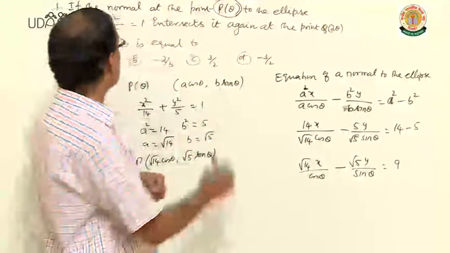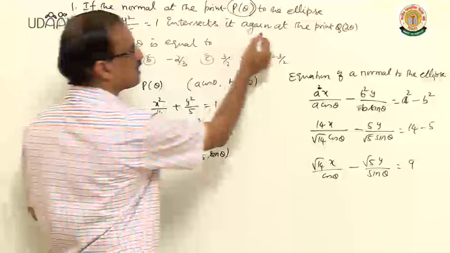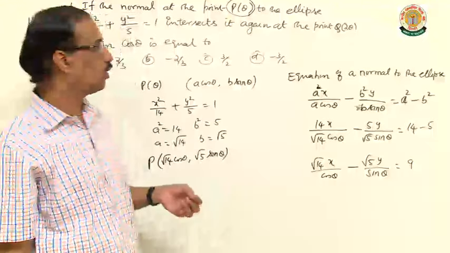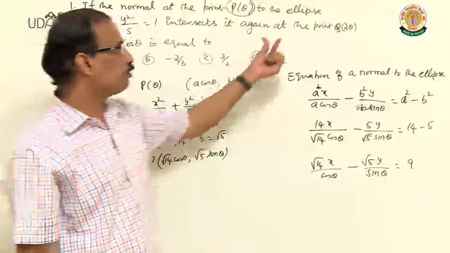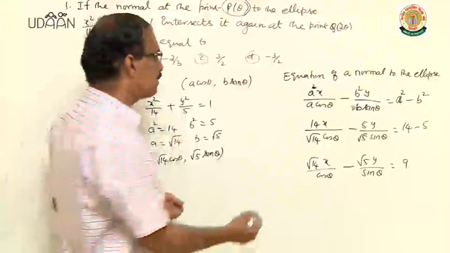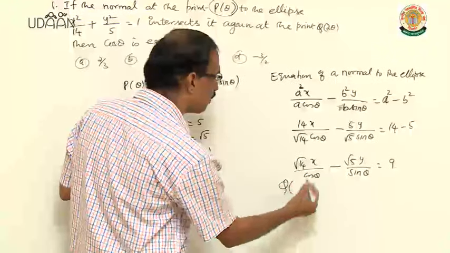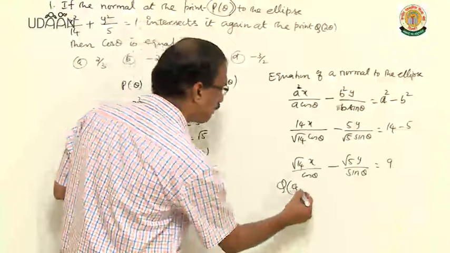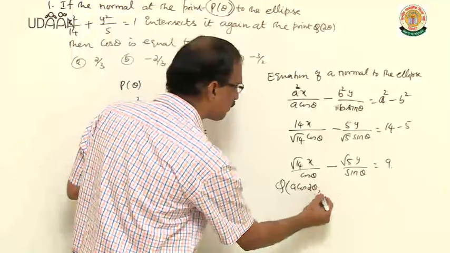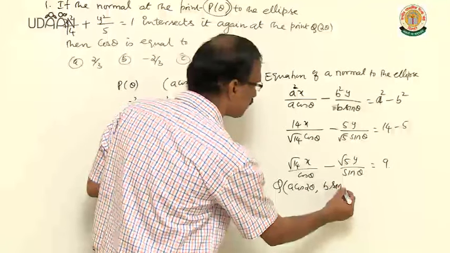Now it says that it intersects the ellipse again at the point Q of 2 theta. So Q of 2 theta means the coordinates of Q are a cos 2 theta, b sin 2 theta.